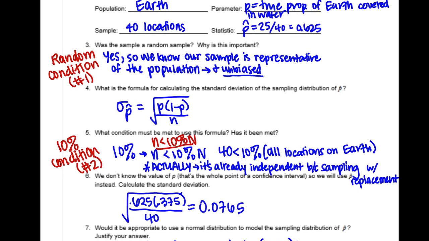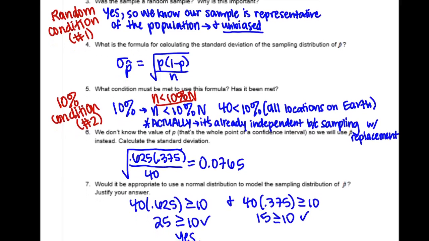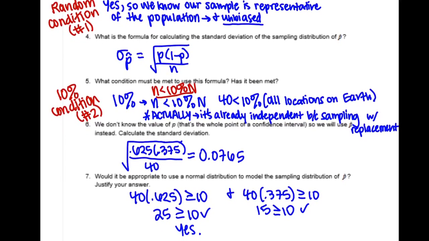All right, now in number 6, I want you to notice that we actually used an estimate for the P. So in number 4, we're using P, which is the parameter, but in number 6, we don't know P. That's the whole point of doing the confidence interval. And so we used our sample statistic in there, our point estimate. And so this formula, this is called the standard error, not the standard deviation.